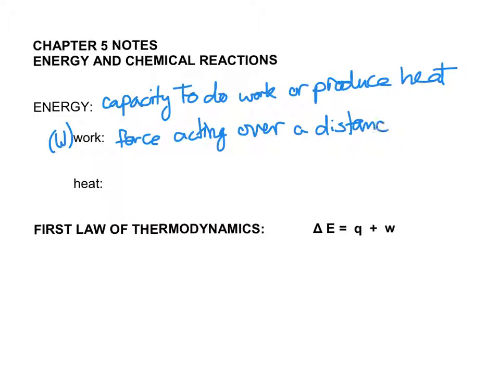So if I wanted to calculate work, it's going to be force times distance. And you do not need to use this equation in chemistry, but it is useful just to understand what work means. So let's say that I push a cart, for example, from the front of the room to the back of the room. I have done work.